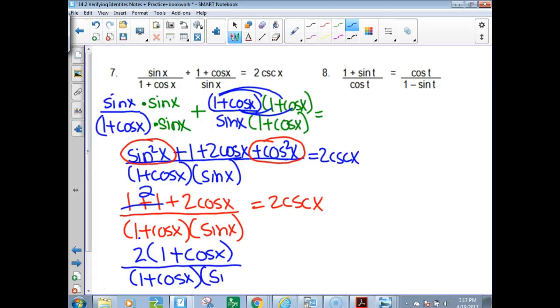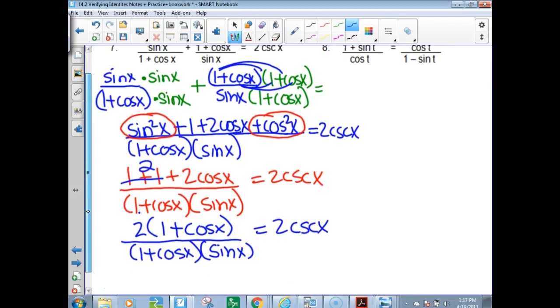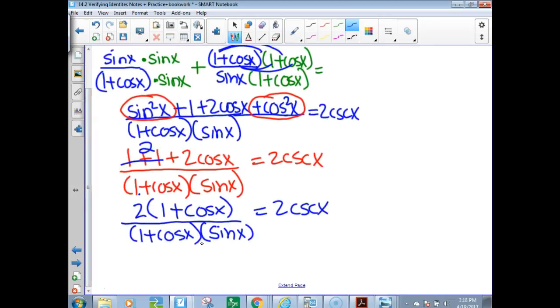Someone realized what's coming. Why didn't I distribute that numerator? You see? Yeah. We get to cancel out the 1 plus cosine x.